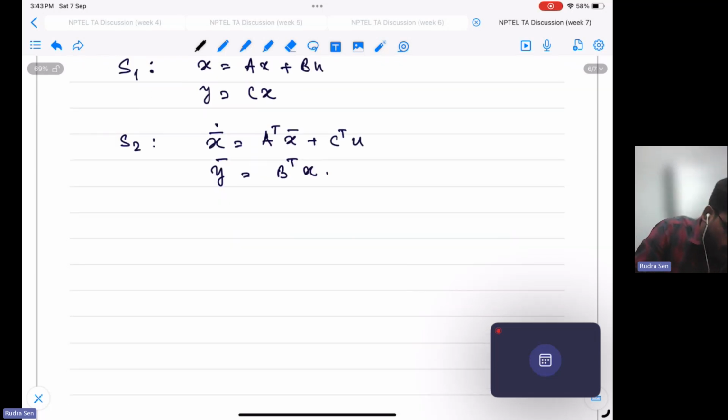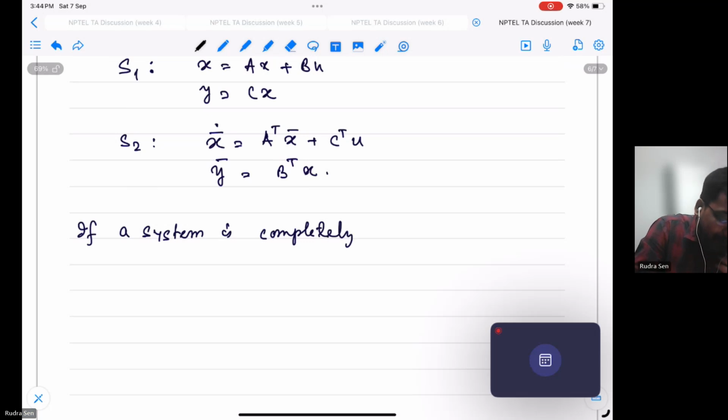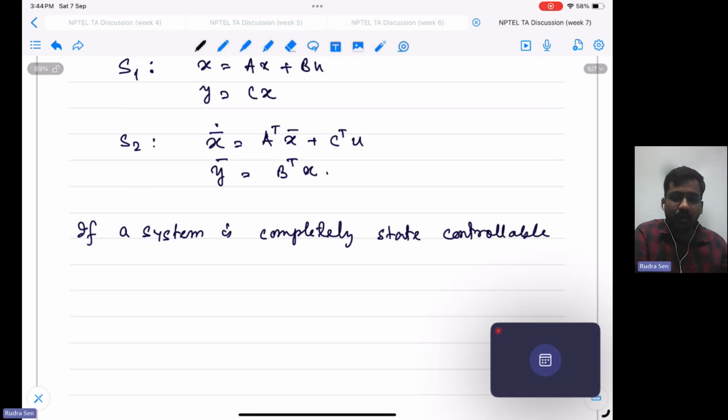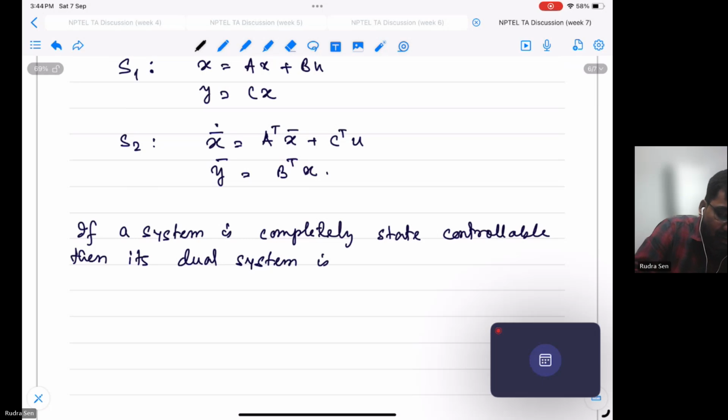So the duality principle says that if a system is completely state controllable, then its dual system is always state observable, right?